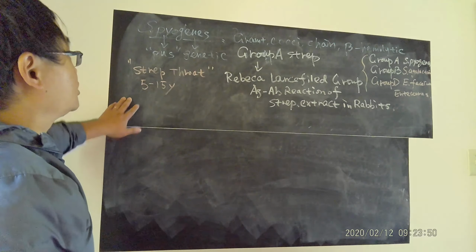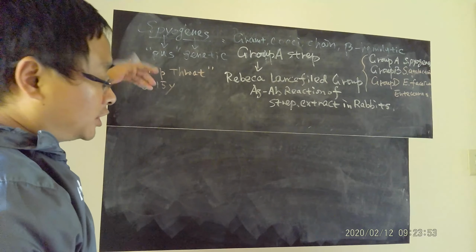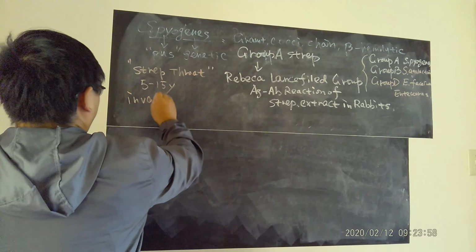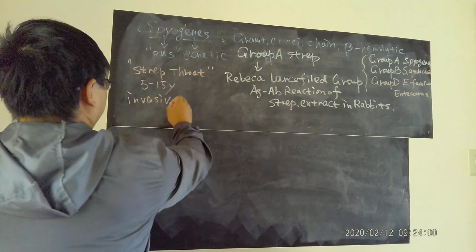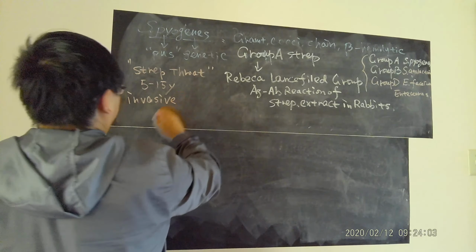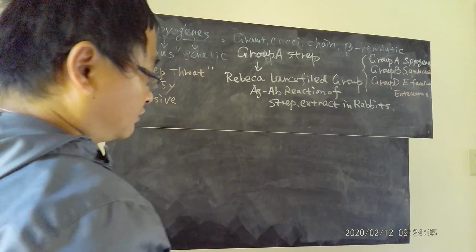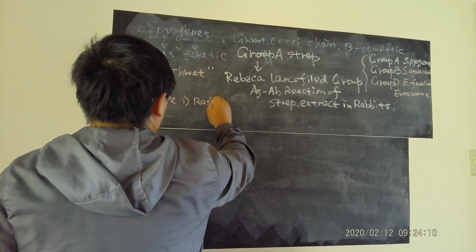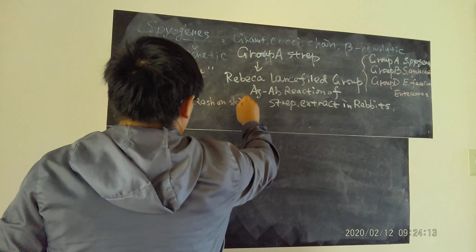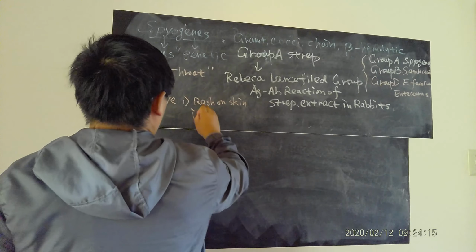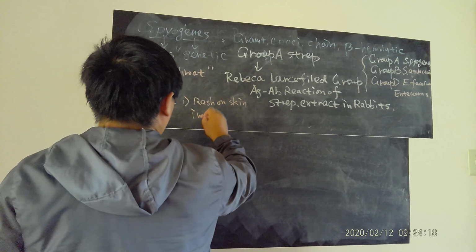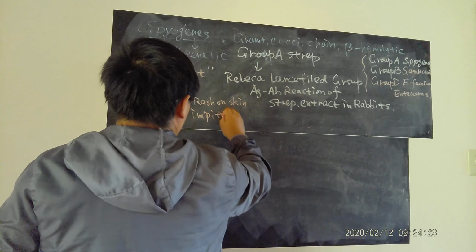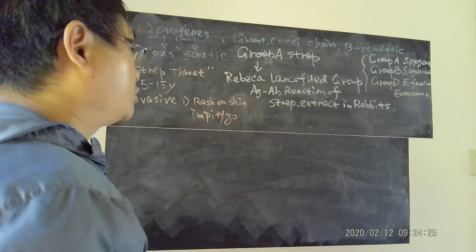This pathogen is very invasive when it goes into the body because it has a lot of enzymes. At the beginning you will see some rash on the skin, which gives a terminology called impetigo.